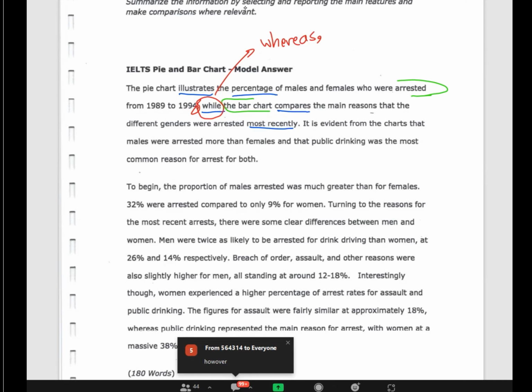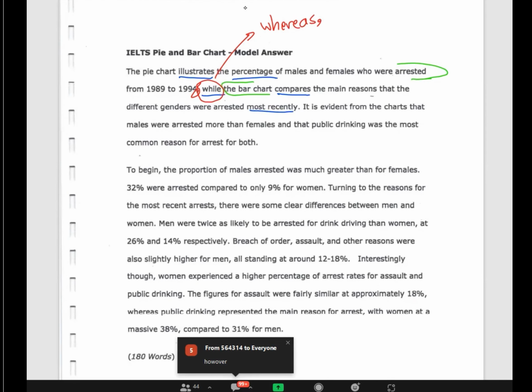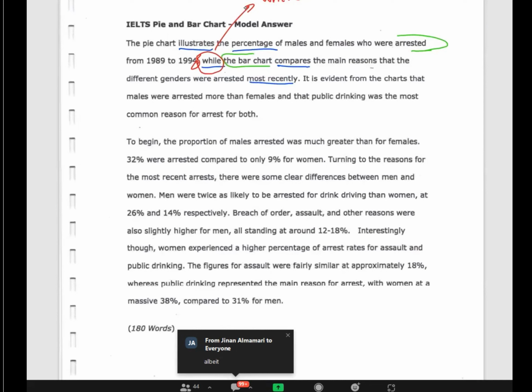Not however, it's also different. The right word is whereas. So this pie chart shows so and so, while the other shows so and so. There should be a comma before while. This is one long sentence.